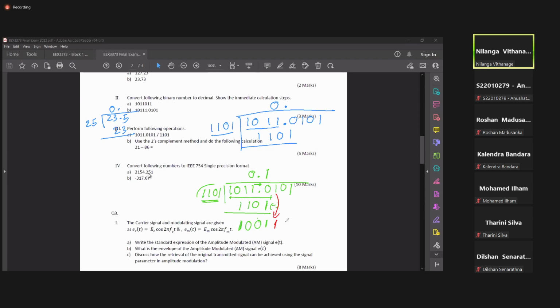Again, it's a big number, it's larger than this one, so you can divide it, right? 1 1 0 1. 1 subtracted by 1, 0 1.